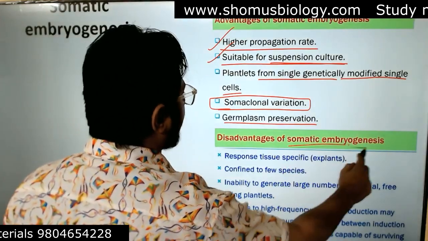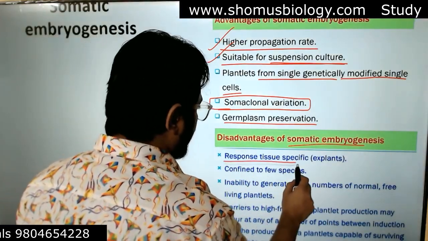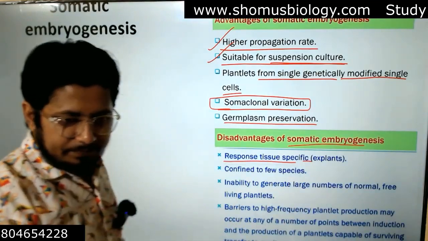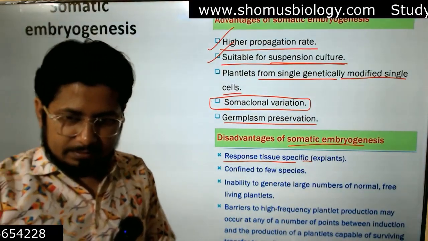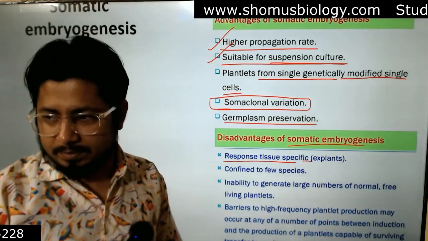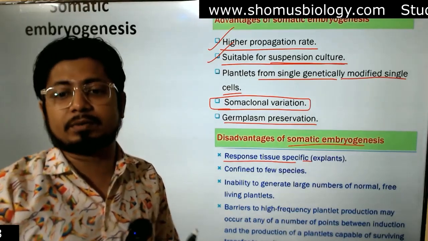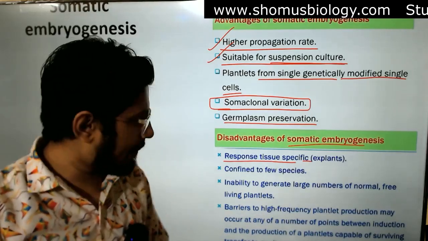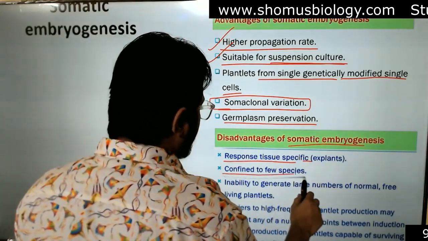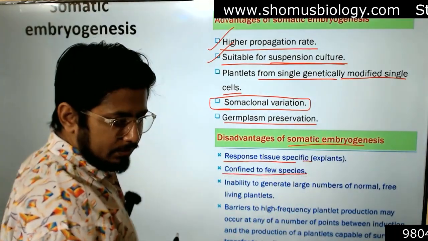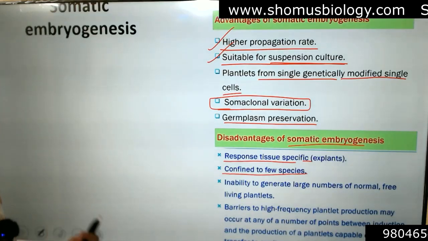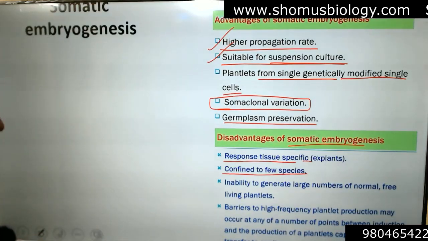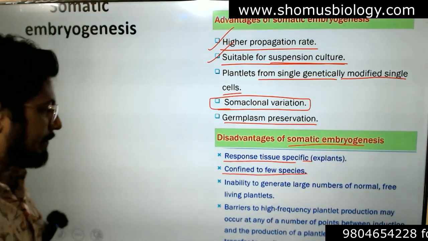Disadvantages of somatic embryogenesis: the response is tissue specific, meaning the way the somatic embryo develops depends on what kind of tissue we are utilizing. Okay, it is confined to only a few species. So the application of somatic embryogenesis is confined to only a few species.